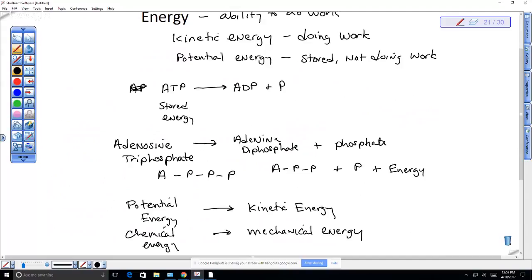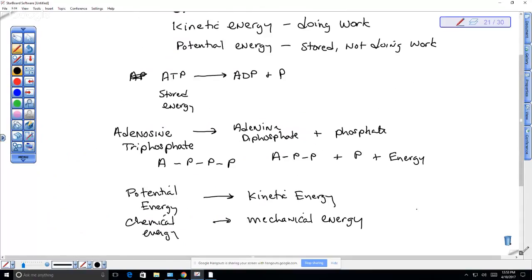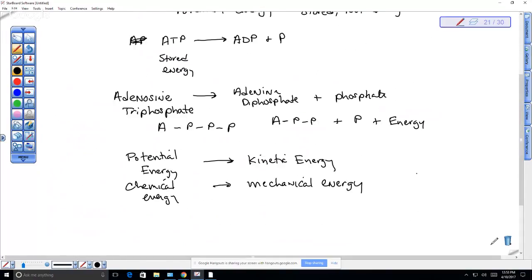But all chemical reactions are inefficient. And so what we see here is that when we convert from one form of energy to another, we lose energy as heat. Okay, so that's an arrow.